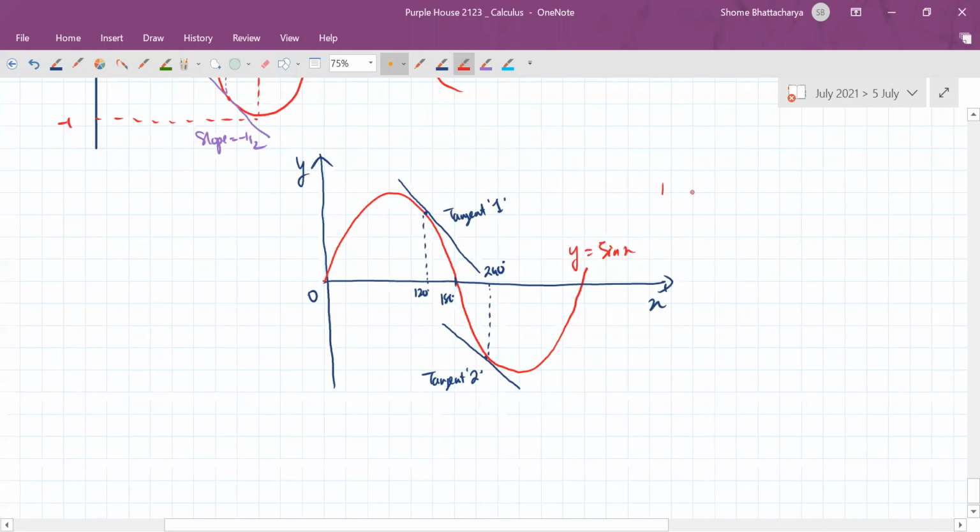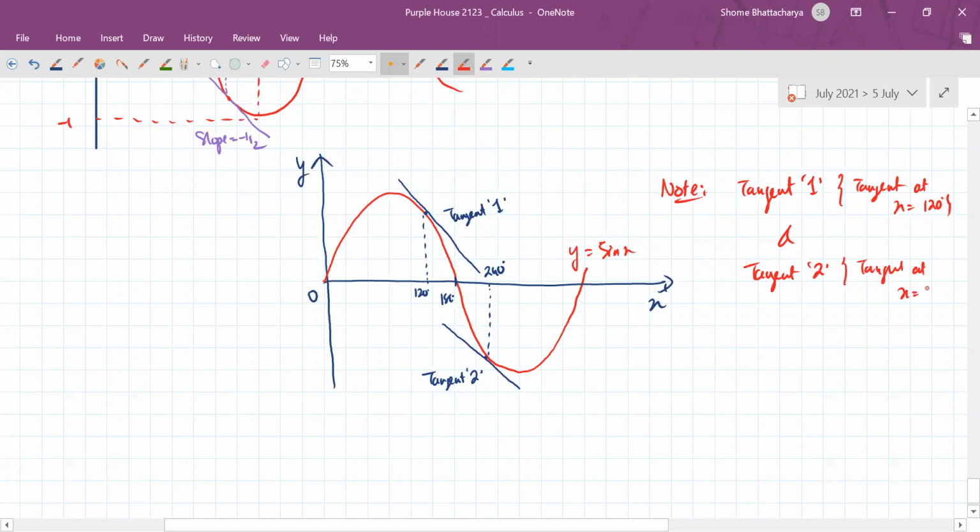So the interesting thing over here is that tangent 1, which is the tangent at x equal to 120 degrees, and tangent 2, which is the tangent at x equal to 180 plus 60, so 240 degrees, are parallel lines, because both have the same slope equal to minus half.